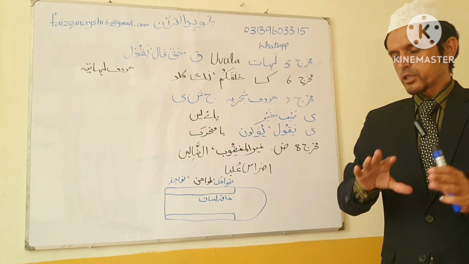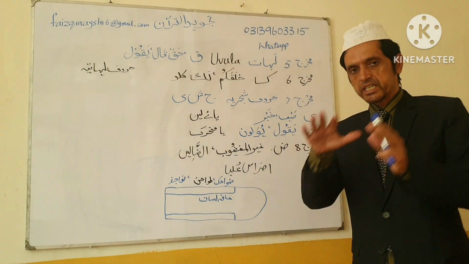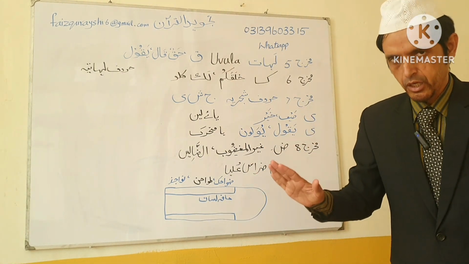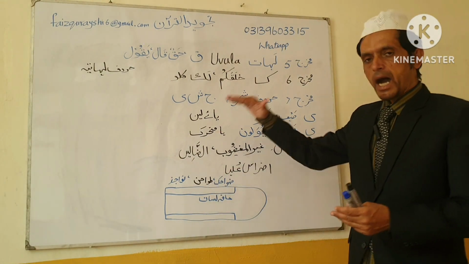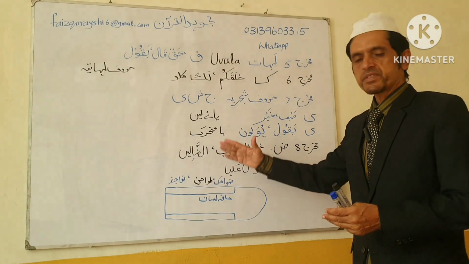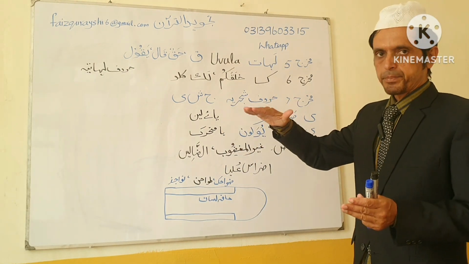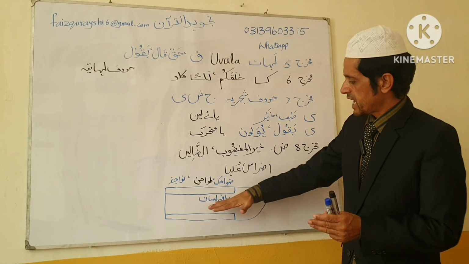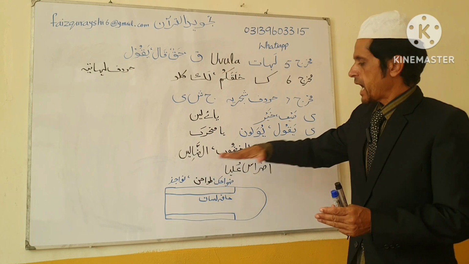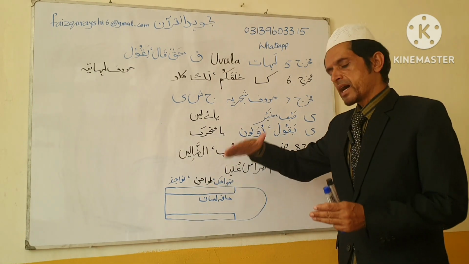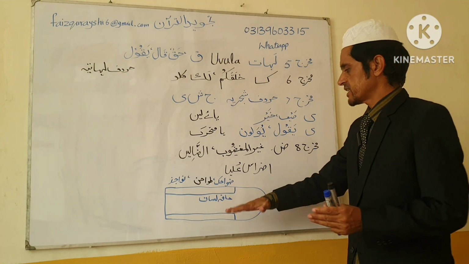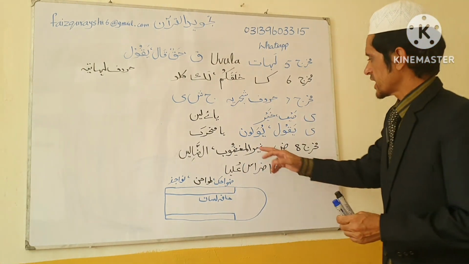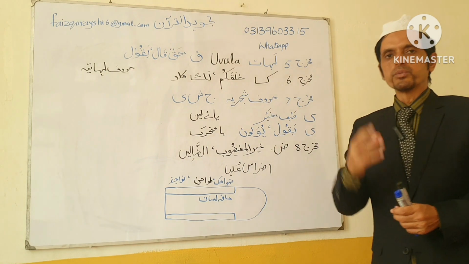But all those teeth which are down, they do not have any role in the articulation. Only up side, left or right, but up teeth. When half a lisan touches up teeth from left side or from right side, we articulate ضاد, غير المغضوب.